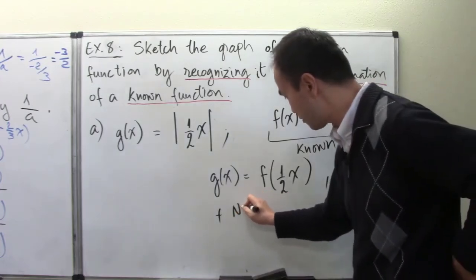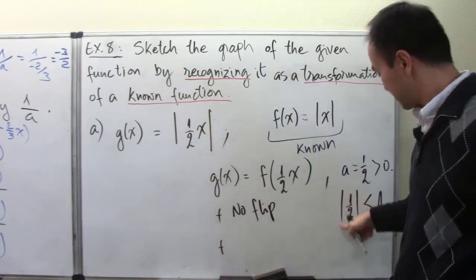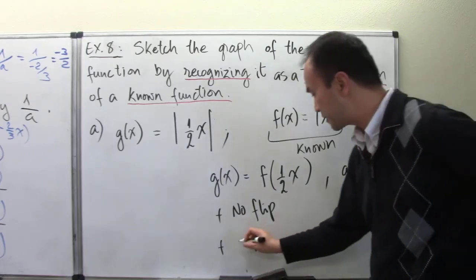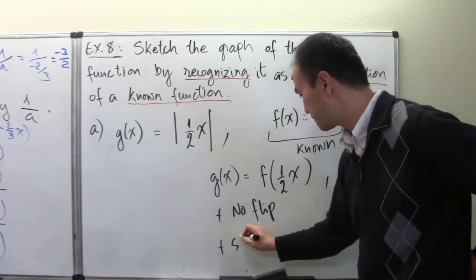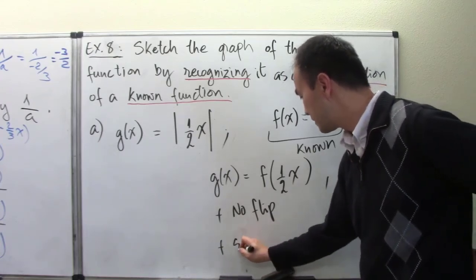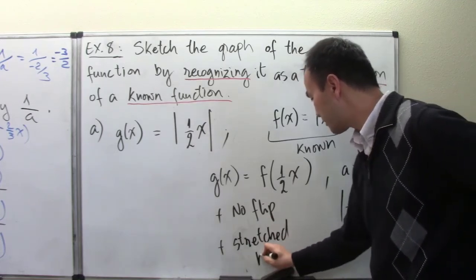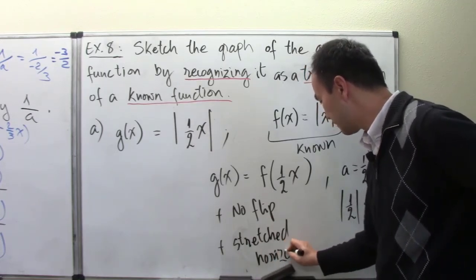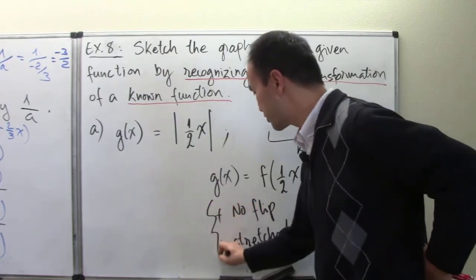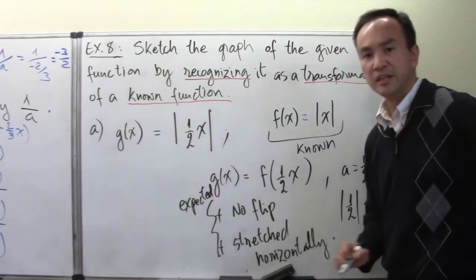And with the absolute value of the coefficient a being less than 1, I'm expecting it to be stretched horizontally. These are simply what's expected.